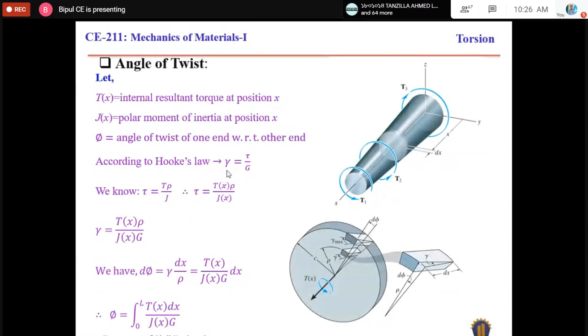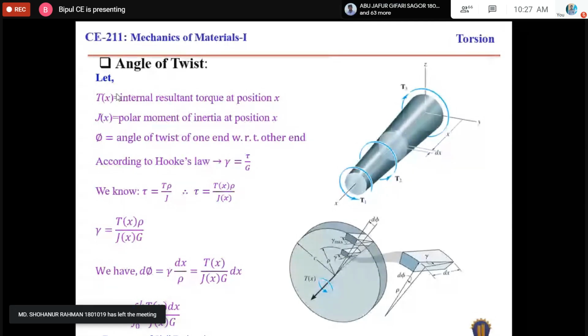According to Hooke's law, as I told you at the very beginning, all torsional formulas are applicable for elastic material, that means stress and strain are proportional to each other. Hooke's law is applied for linear elastic material.